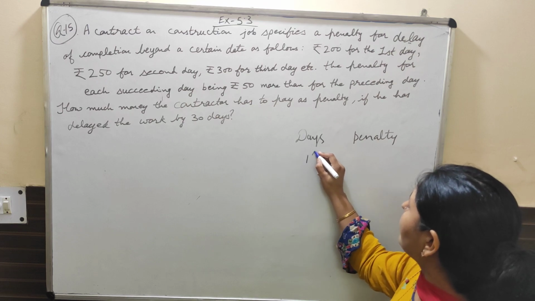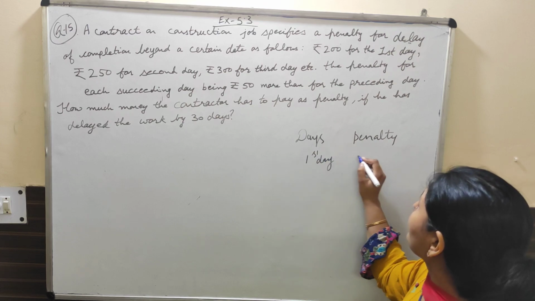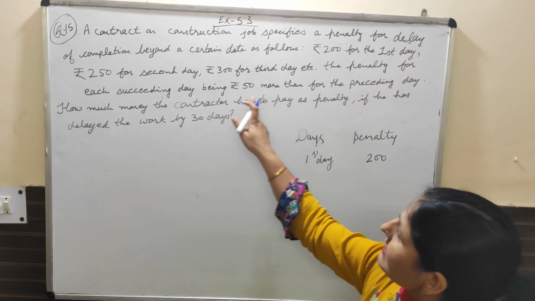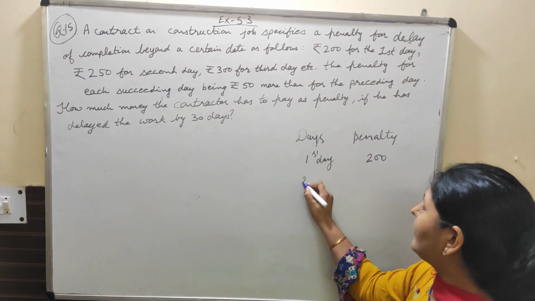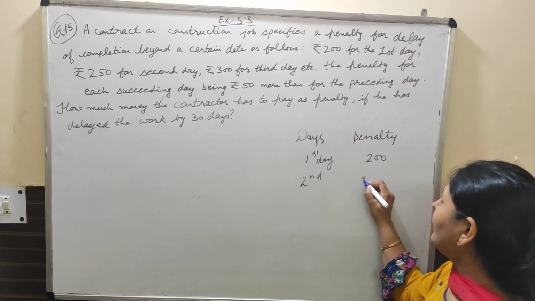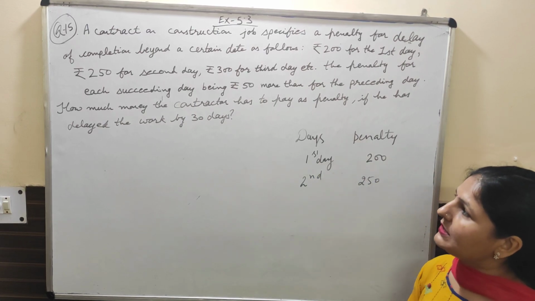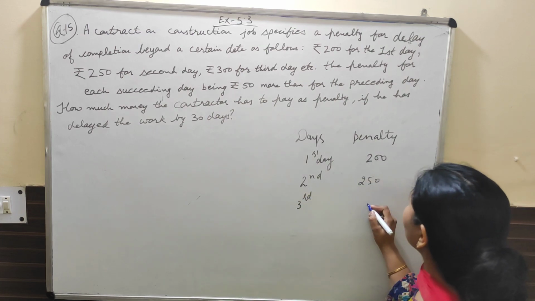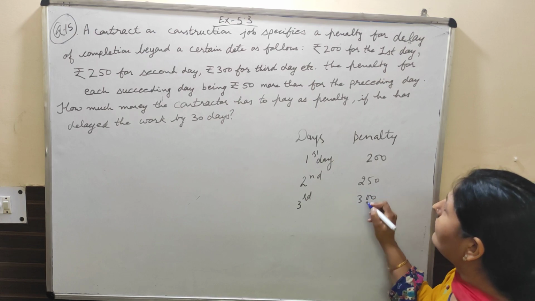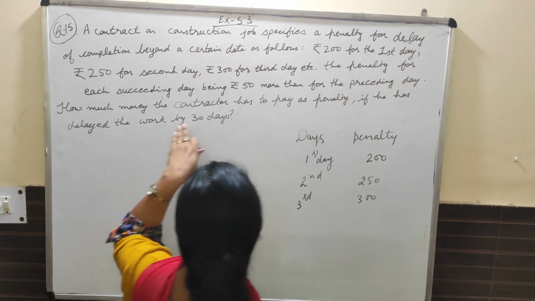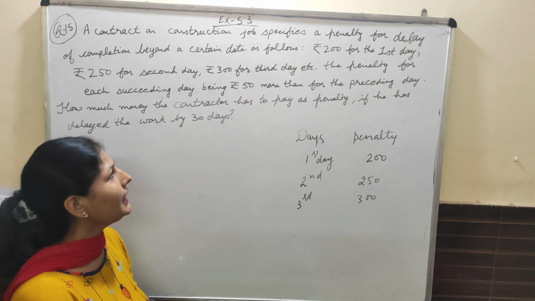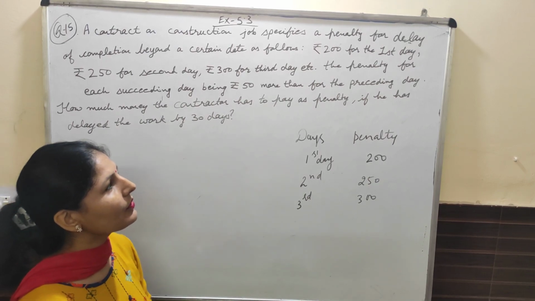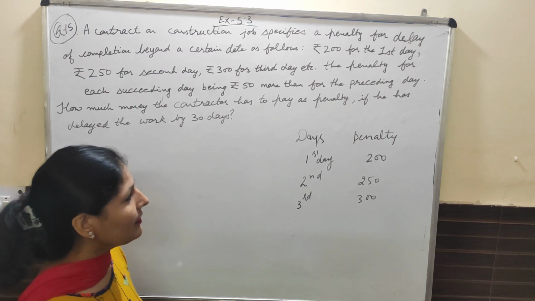For the first day he has to pay a penalty of rupees 200, and for the second day he has to pay rupees 250, and for the third day he has to pay rupees 300, etc. The penalty for each succeeding day being rupees 50 more than for the preceding day.